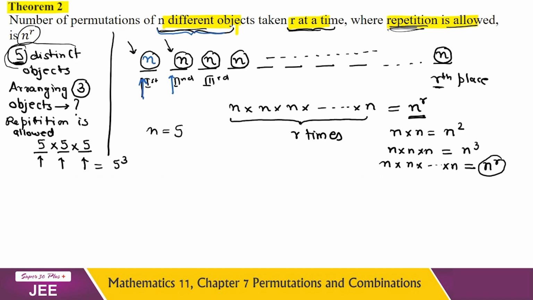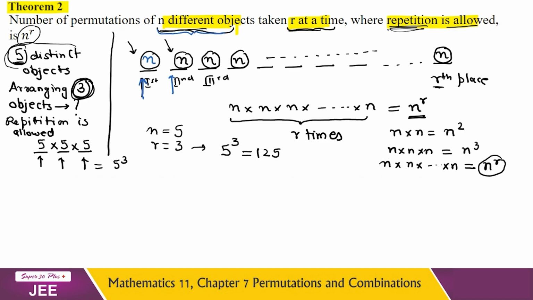And out of 5, how many was I trying to arrange? I was interested in arranging 3 objects, so r becomes 3. So the answer can be given directly when repetition is allowed. The total number of arrangements is n raised to the power r, which is equal to 5 raised to the power 3, which is 125.